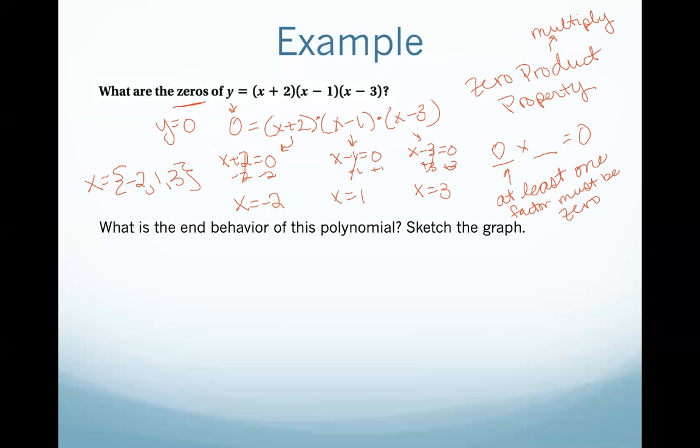Okay. Now, if I look at my polynomial, I'm going to write it again. y equals x plus 2 times x minus 1 times x minus 3.